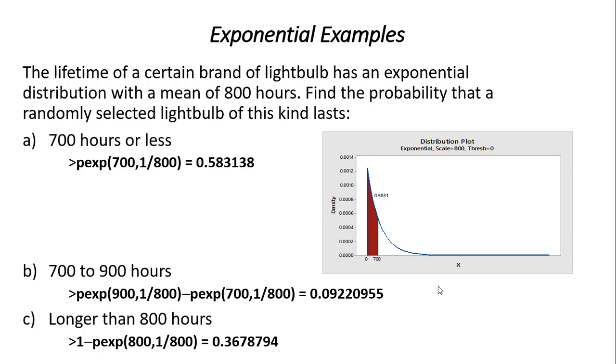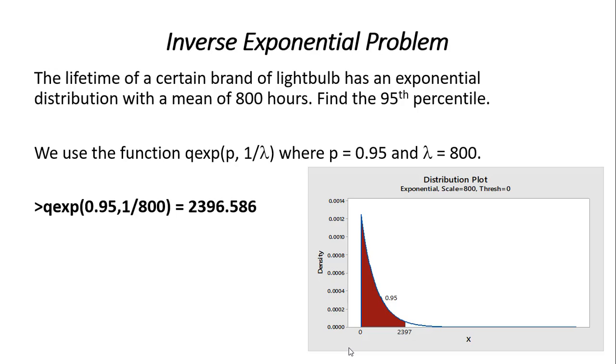Here we would have 1 minus the probability that x is less than or equal to 800. So we get 1 minus PEXP, use an x value of 800, and 1 over 800 over here. So we get 0.3678794.